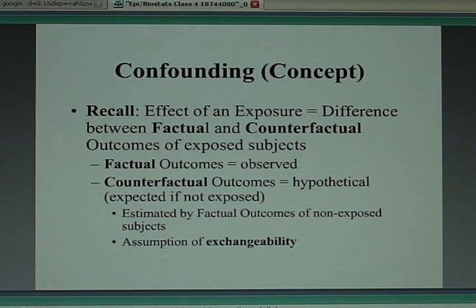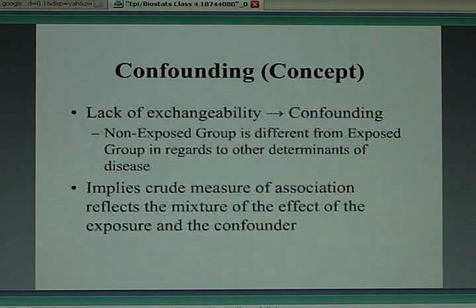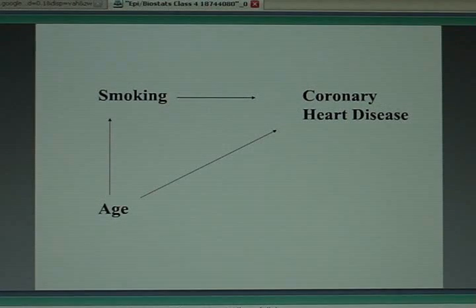So, pictorially, what does that mean? This is our problem. We want to know whether smoking causes coronary heart disease. We want to know about the existence of this top arrow. Problem, we have this other factor, age, which is related to smoking in our data set. Smokers were older than non-smokers. And age also brings with it higher risk of developing coronary heart disease.